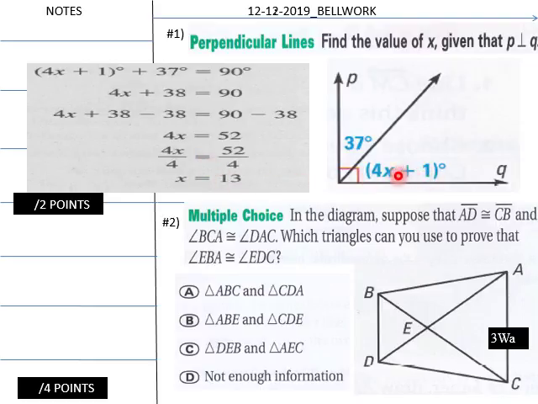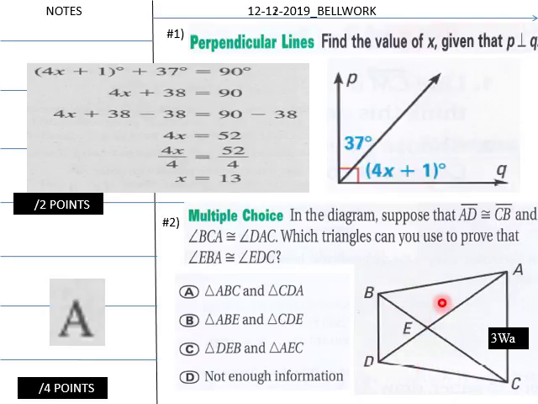Then number 2 would be triangle ABC and triangle CDA would be congruent to show that you can prove EBA is congruent to EDC.